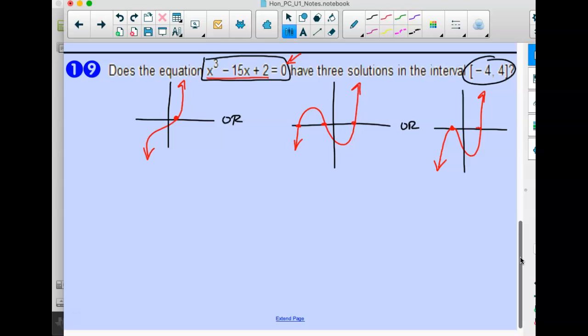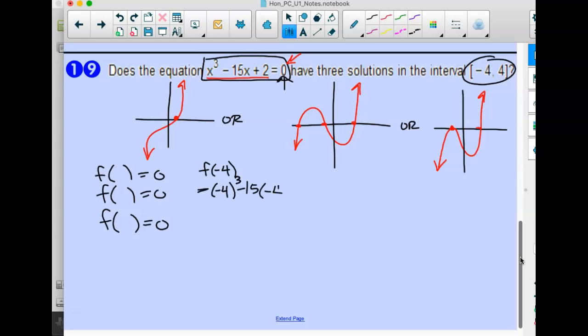So what we're going to do is say if x goes from -4 to 4, we want to see if there's 3 places where you could get 0 out, right? So we're going to figure out what happens when you put -4 into this function. If you calculate that all out, you would get -2, right?